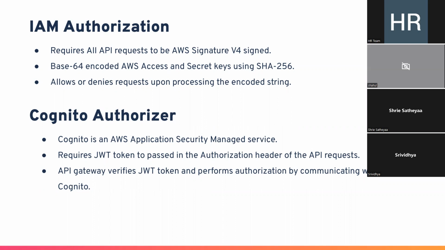The user takes the JWT token and appends it in the header of all the requests sent to the API Gateway. The API Gateway will talk to Cognito, and Cognito will take care of validating that JWT token.